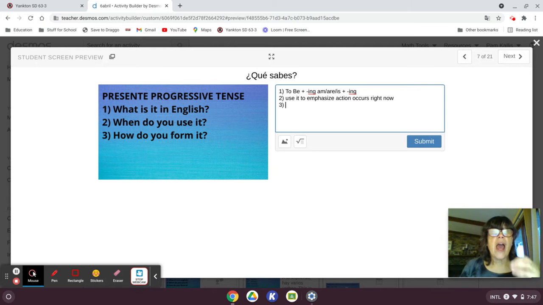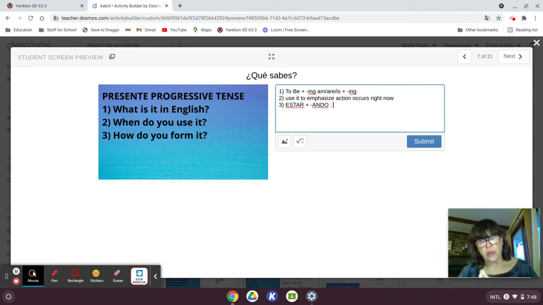And number 3, how do you form it? You take some conjugated form of estar. Estoy, estás, está, estamos, estáis, están. And to that, you add the gerund, the ing in Spanish. And in Spanish, the ing is formed with ando if it's an AR verb.